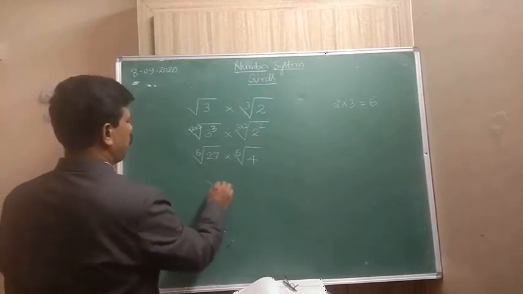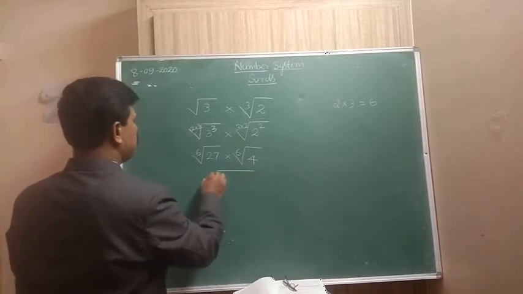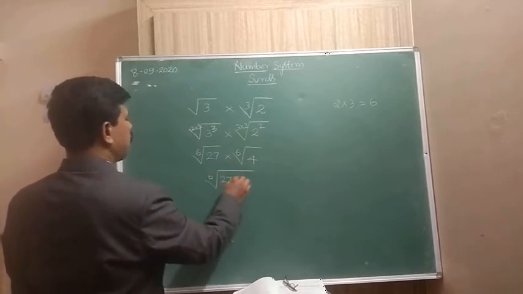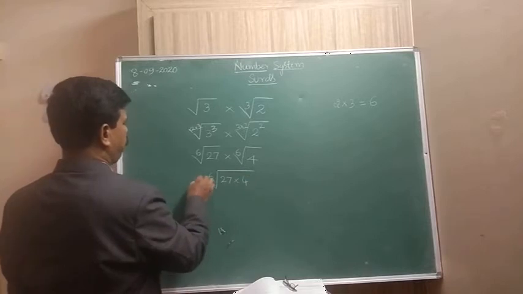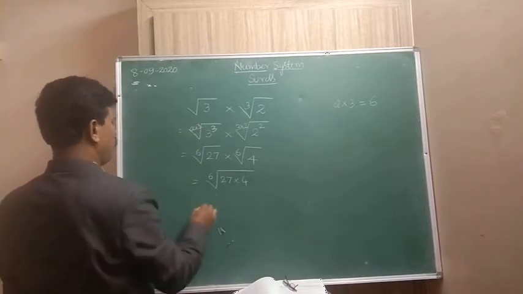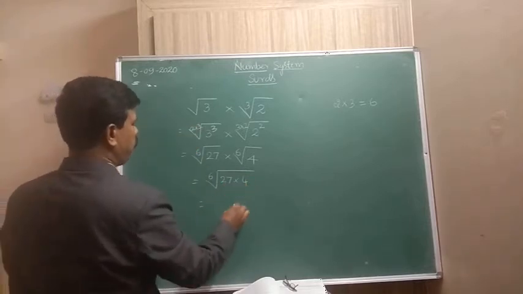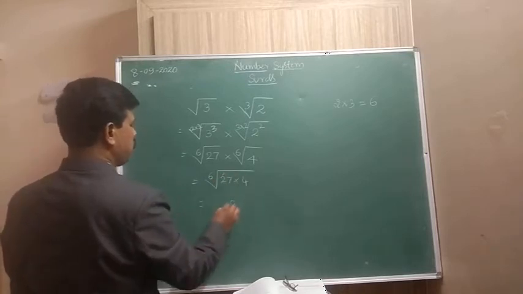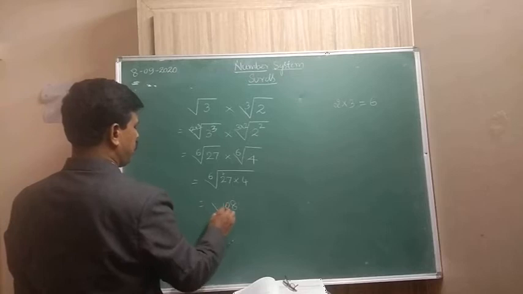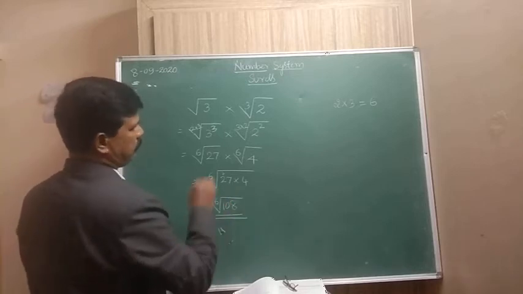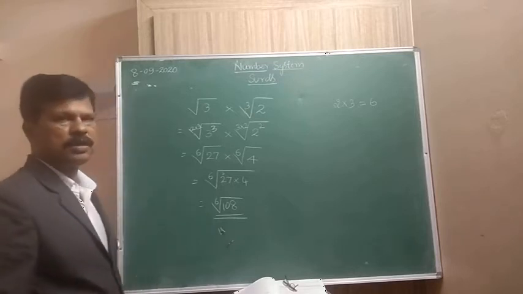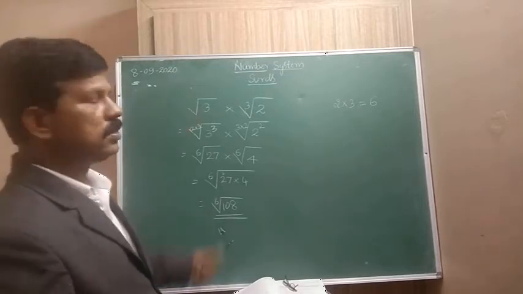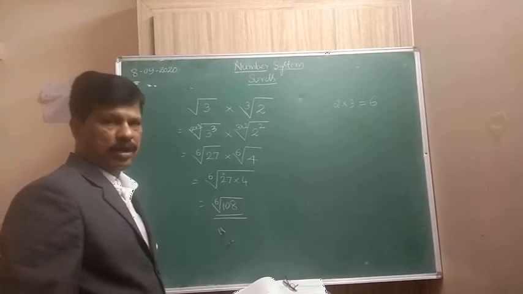Therefore you can write it under one surd: 6th root of 27 into 4. 7 4s are 28, 2. 4 2s are 8 plus 2 is 10. So the 6th root of 108. Clear? This is multiplication of surds with a different order.